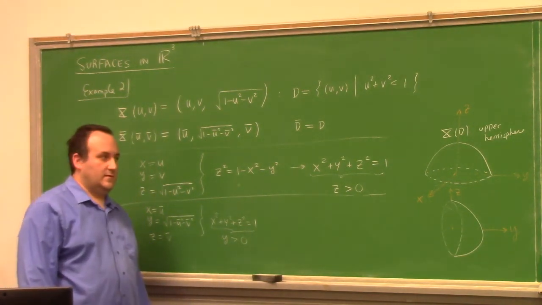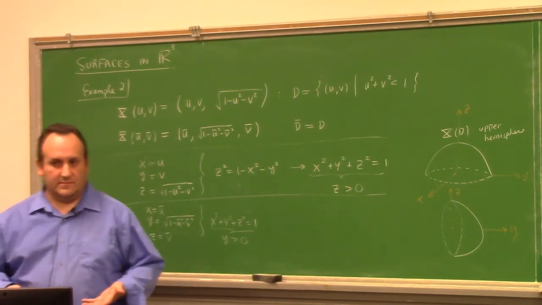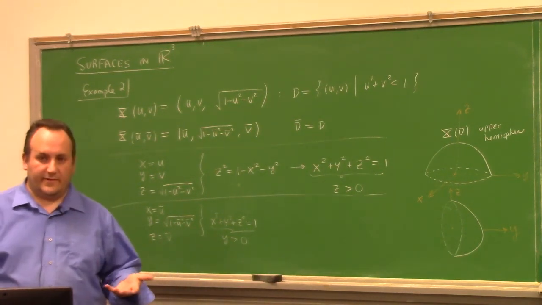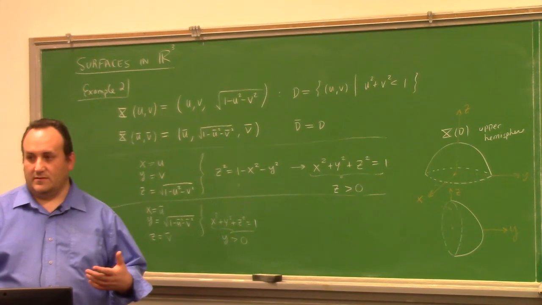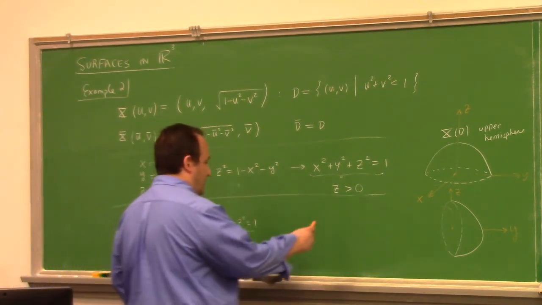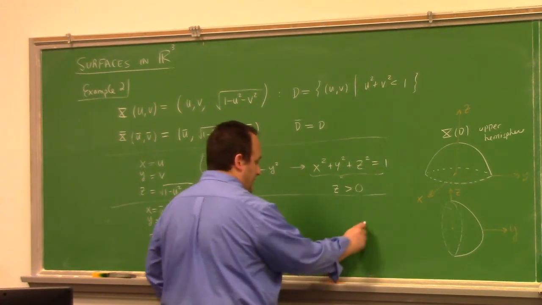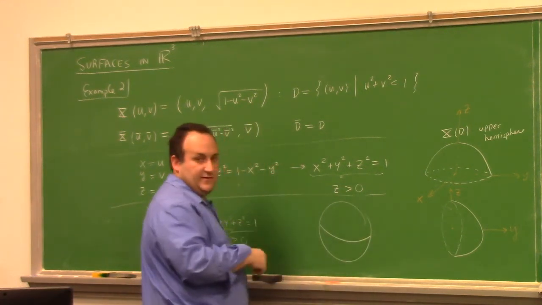Now, these do not form an atlas on the sphere, right? The sphere as a point set includes the up, the down, the left, and the right. But if I'm so foolish as to try to draw both at once, there's a place where these intersect, right?